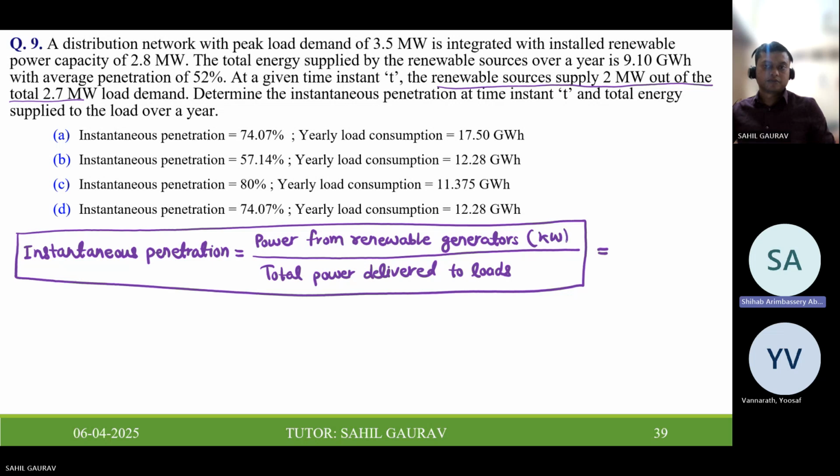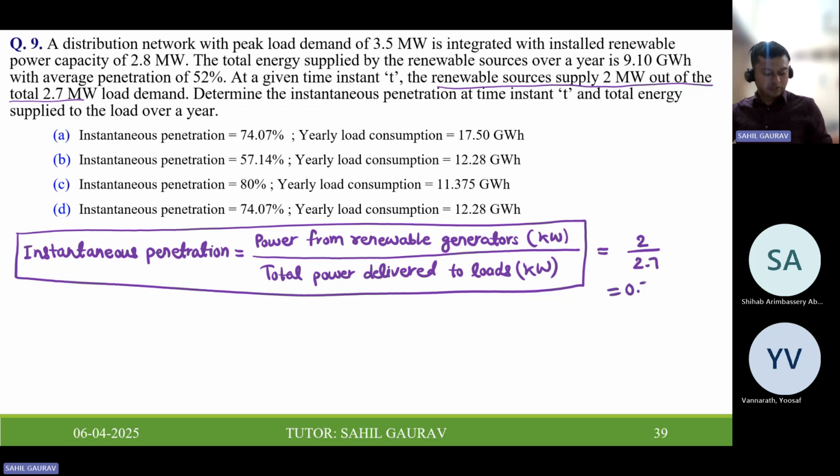I am saying this instantaneous penetration equation is wrong as per our slide. Okay, if it is kW, it is okay. Yes, sorry. So here they have given renewable source supply 2 megawatt out of the total 2.7 megawatt. So this is 2 upon 2.7 megawatt.